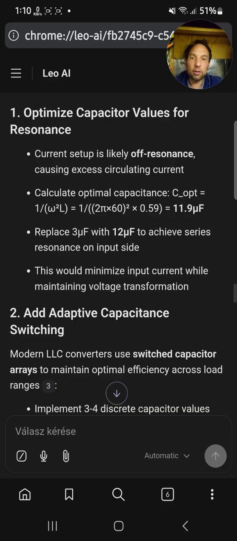C optimal is equal to 11.9 microfarad. Replace 3 microfarad with 12 microfarad to achieve series resonance on input side. This would minimize input current while maintaining voltage transformation.